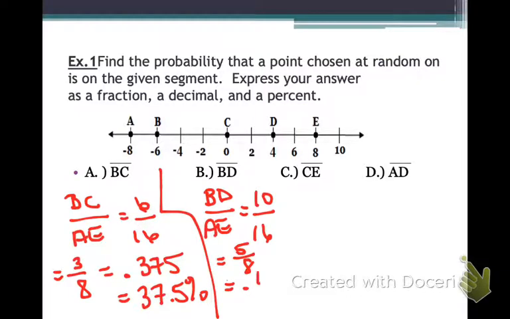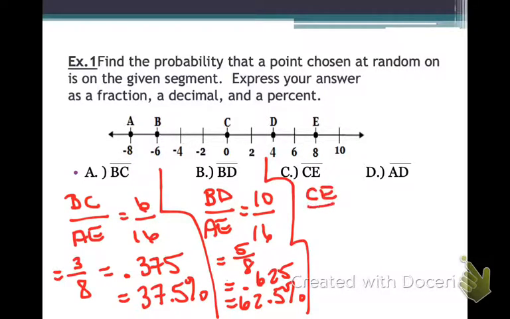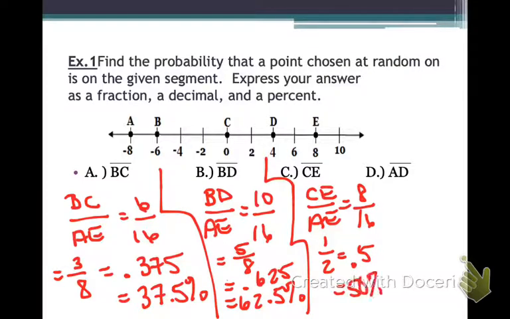So we have 0.625, which would be 62.5%. Part C, I need CE over AE. So C to E is 8 units over 16. So that would simplify to 1/2, which is 0.5, which is 50%.